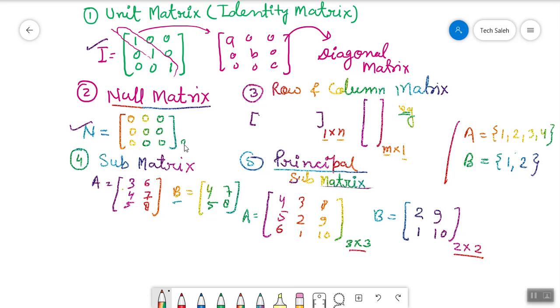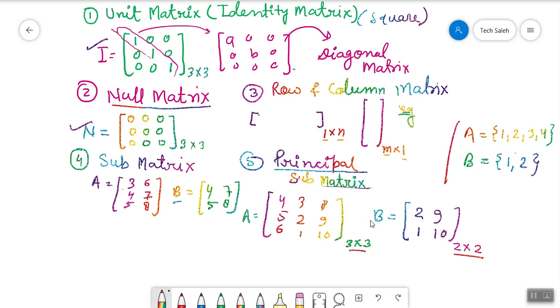The null matrix is also a kind of square matrix, though you can take it as any kind of rectangular matrix too. And then we have the identity matrix, which is also a square matrix.